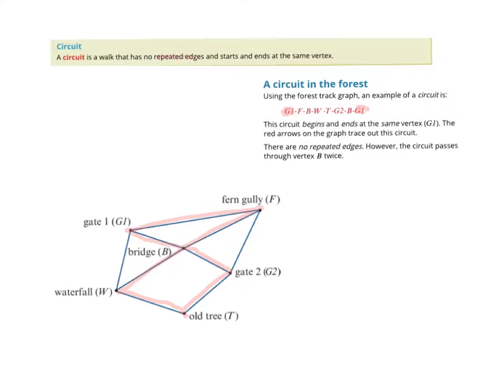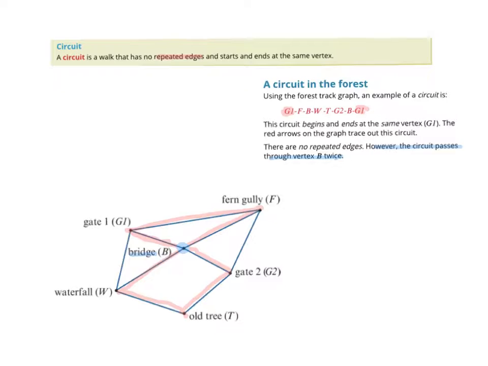I haven't repeated an edge. I did repeat a vertex, and that was B. The circuit passes through B twice, but a circuit just means you don't have double edges.